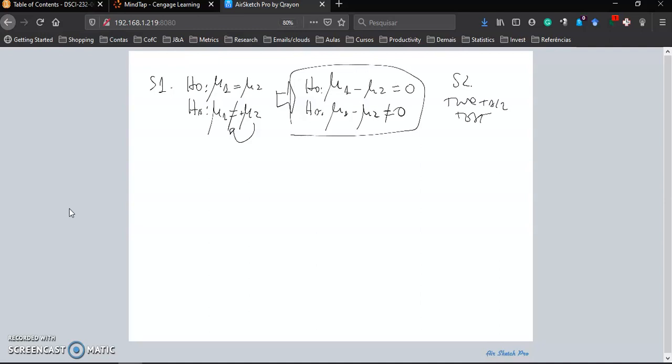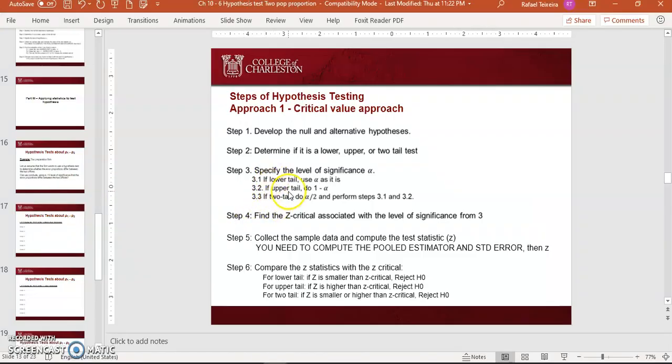Okay. Now I can go to step number 3. Step number 3 is establish the level of significance. The level of significance is 0.10. Because it's a two-tail, I have to divide this 0.10 by 2, which gives me 0.05. This is what the slides are saying. If two-tail, divide alpha by 2 and perform step 3.1, use as it is, and 3.2 for the upper tail, 1 minus.